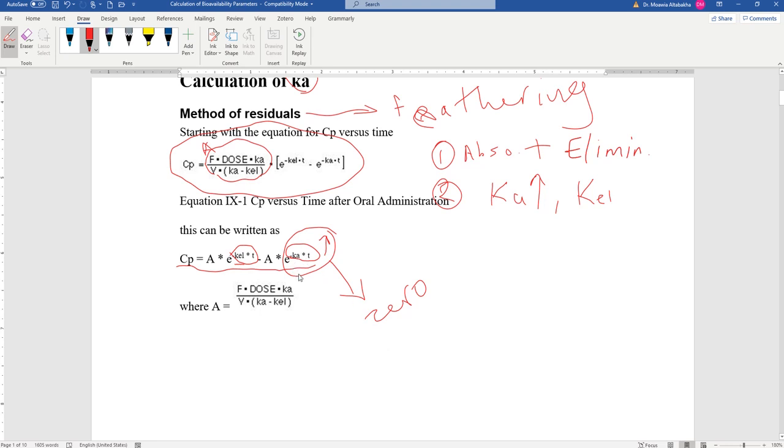We said that e to the power of minus a large number will approach 0, approximately. So let's say the following: after some time, we will call it late.